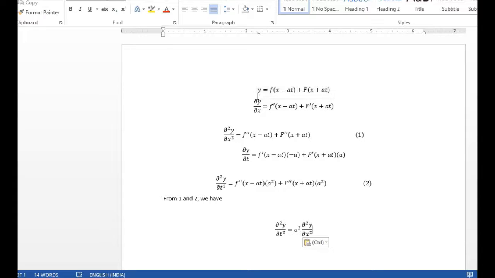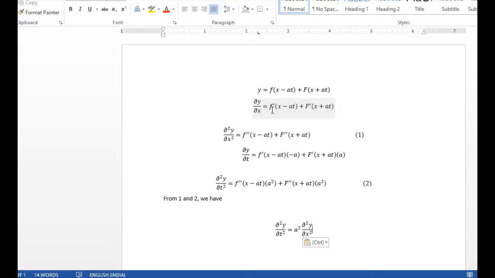So first we differentiate y with respect to x. When we differentiate y with respect to x, first we differentiate f, which is any function, then we differentiate the second function, which is x minus at. F is the primary function and x minus at is the secondary function. So derivative of f will be f prime, and the derivative of capital F is capital F prime.